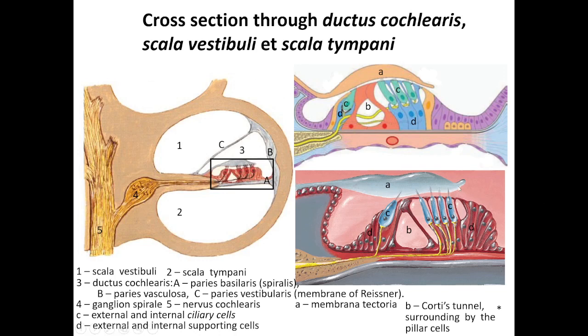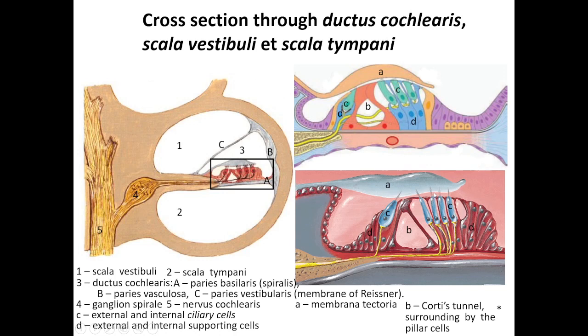Due to this contact with membrana tectoria, these cells form the nerve impulse. So the receptors of nervus cochlearis are located here in the organ of Corti. This is the organ of Corti.